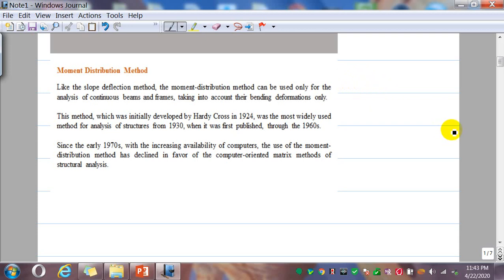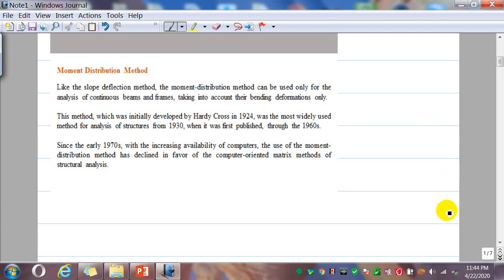So if you get a chance to work in a small design office, there's a very high chance that you will be asked to use the moment distribution method to analyze and design small and medium size buildings.